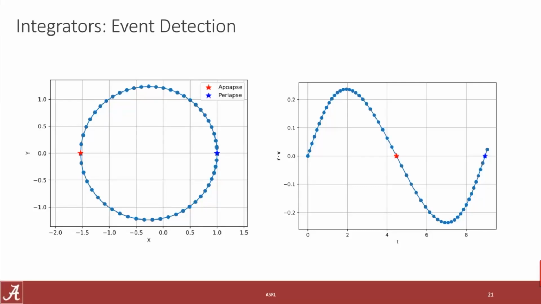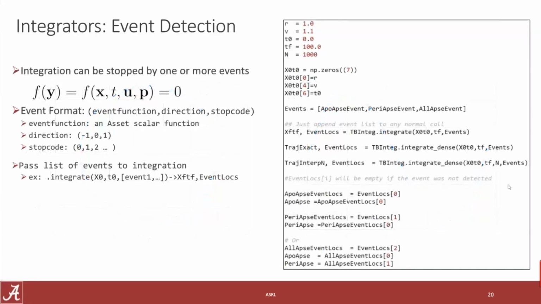Yes. So one thing I would say that may help with that is when you do the event detection, you get two things out: the time history and the event locations. The event locations can be tuned with tighter tolerance than your integrator if you need.